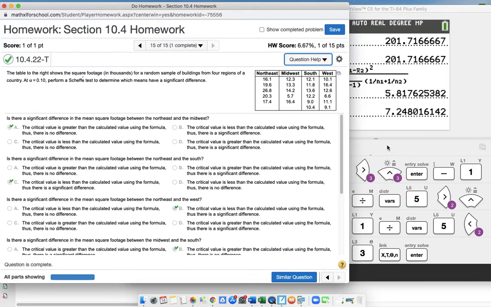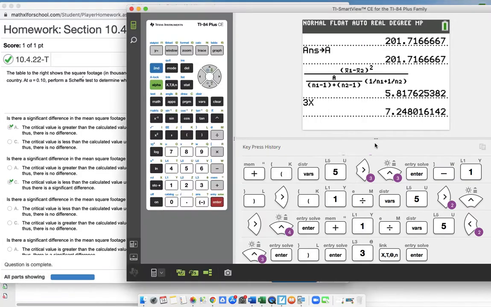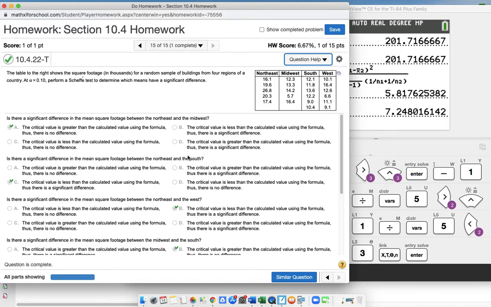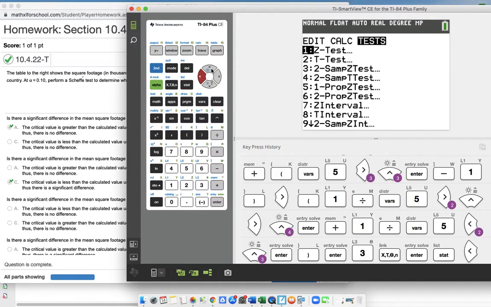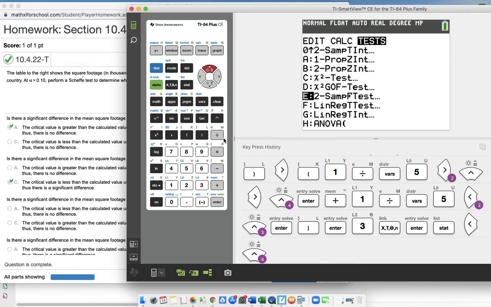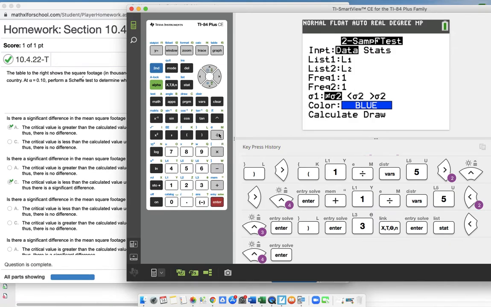Okay, I'll do one more of these, and I think you have the idea of how to do the rest. The next one says I want the northeast and the south. So L1 and L3. Now I'm going to go back into that F test, because I need the sample sizes and the means of both of them.